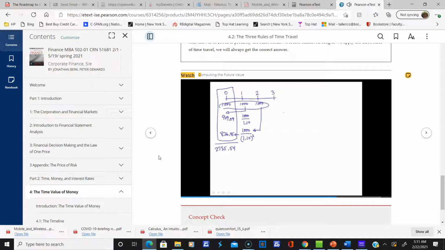We're not done because we don't want to know what our savings plan is worth today. We want to know how much we will have at the end, in year three. So what we have to do is take this present value and turn it into a future value. We know how to do that by applying the rule that the future value is the present value compounded.